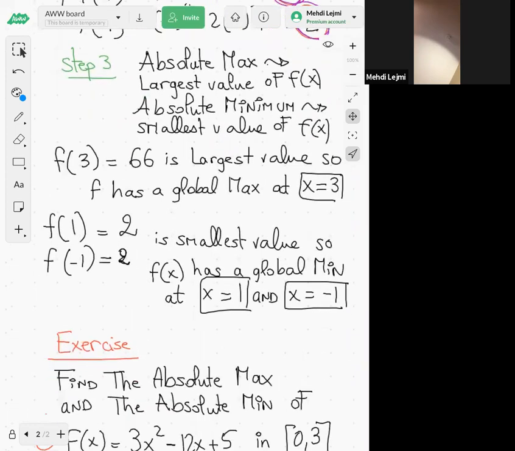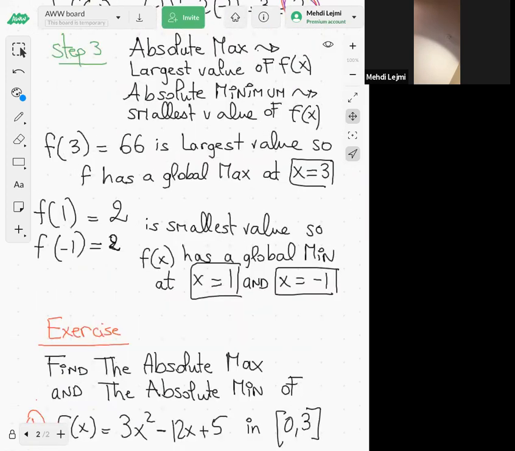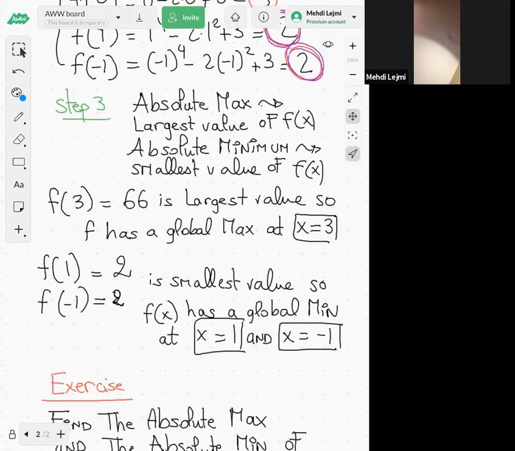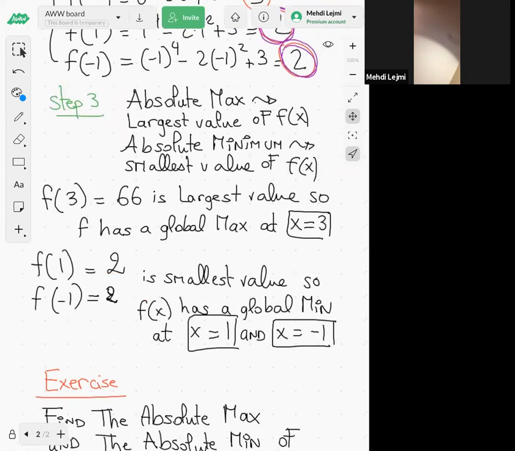When you answer the question, when you get your global maximum and global minimum, then you have to specify the value of x, right? So here, for example, I got f of 3 equal to 66, which is the largest value, right? So I would say f has a global maximum at x equal to 3, not 66.